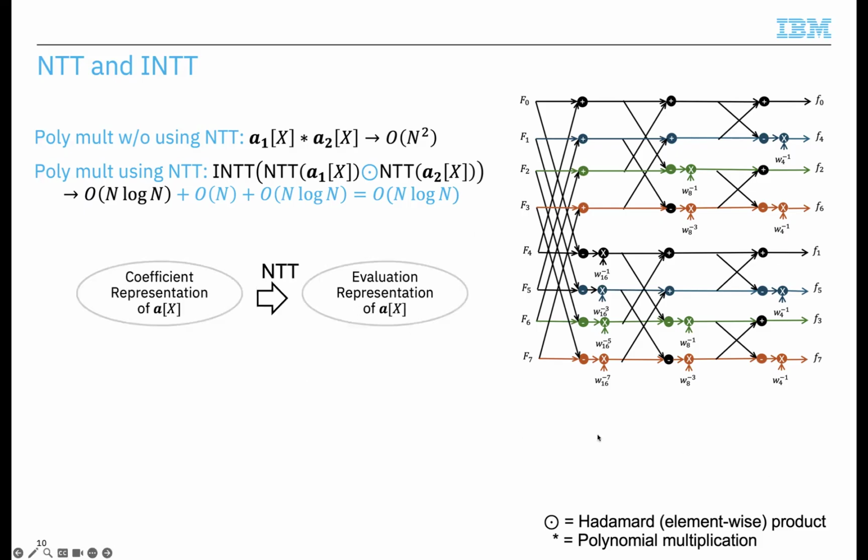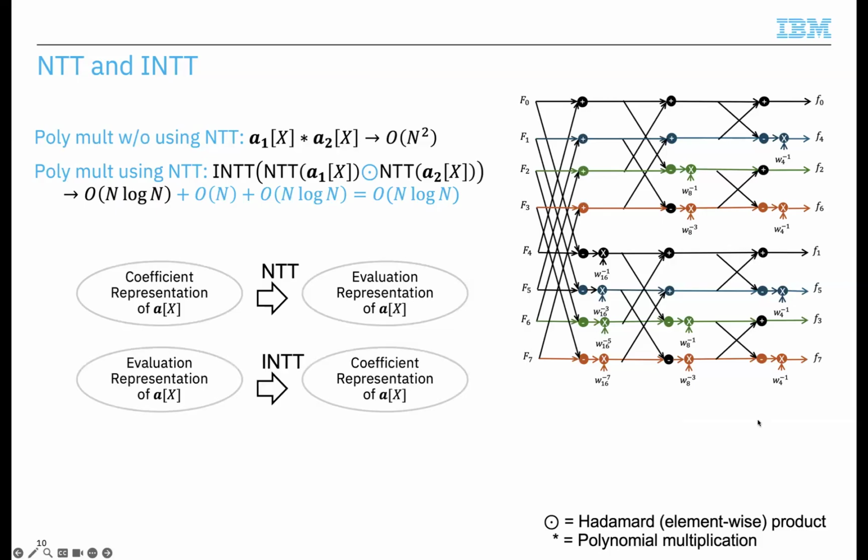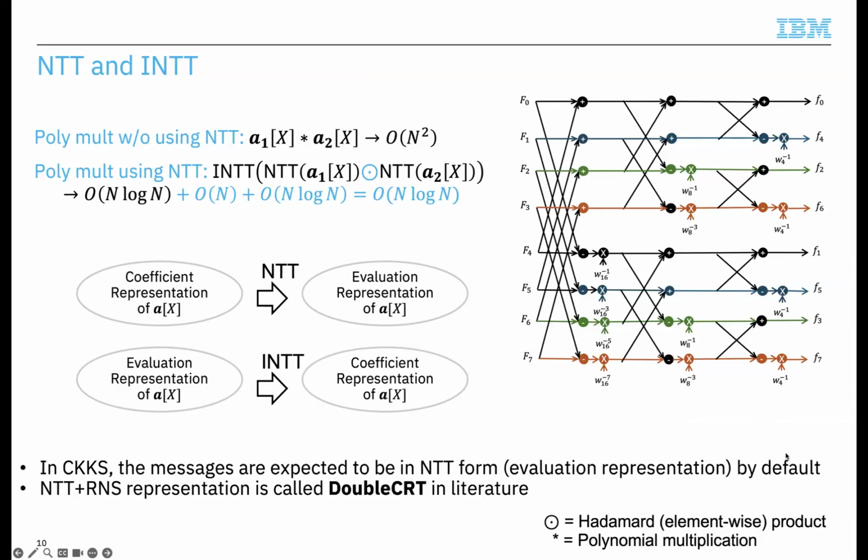So in some literature, we see the notion of coefficient representation and evaluation representation. Basically, NTT takes you from coefficient domain to evaluation domain, and INTT is vice versa. This is also called double CRT, which stands for double Chinese remainder theorem. That's something we could come across in literature as well.